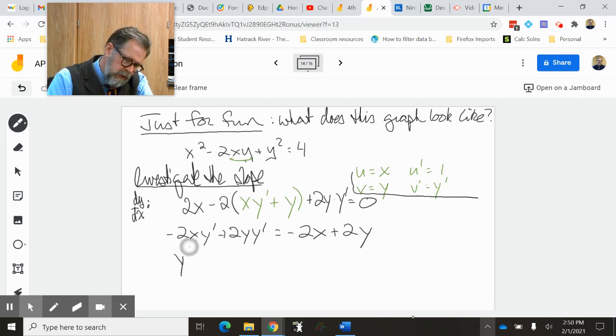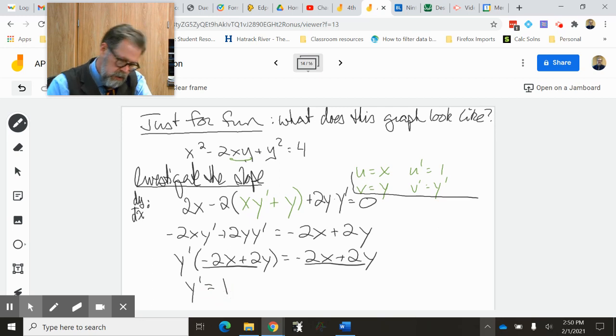Factoring out the derivative, I've got y prime times negative 2x plus 2y equals negative 2x plus 2y. And when I divide both sides by negative 2x plus 2y, I get that y prime is equal to 1. This graph has a slope of 1 everywhere it's defined.